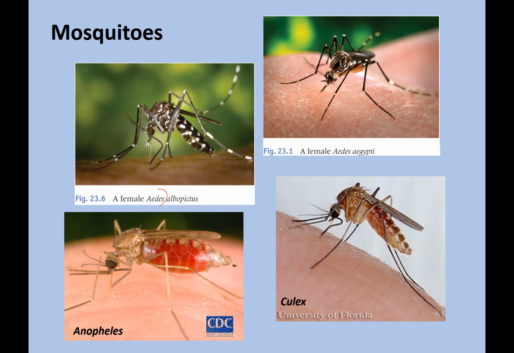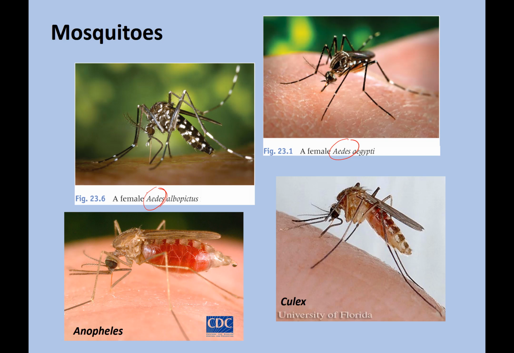So the Aedes mosquitoes here, ones that were primarily found in tropical regions, and I'll show you in a minute, their habitat has expanded as we have climate change happening and things are warming up.